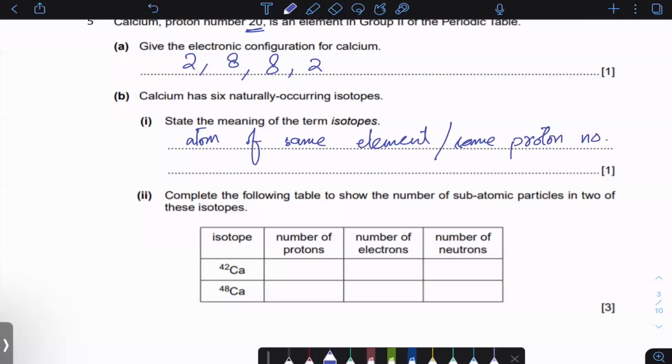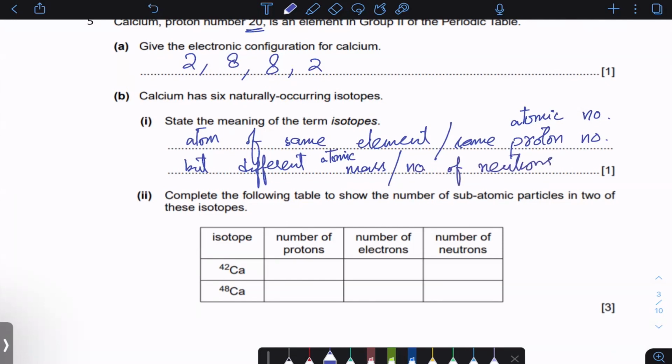You can also say same atomic number. इन तीनों से कोई भी एक बात कर दें. But different mass, atomic mass, or number of neutrons. Okay, so that's how we can say it.